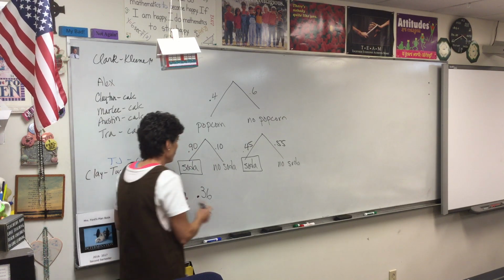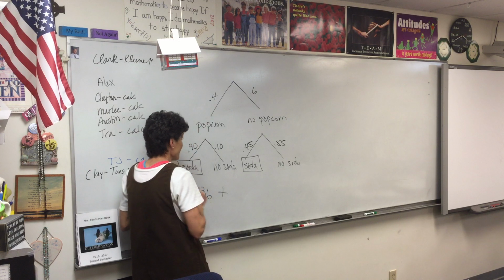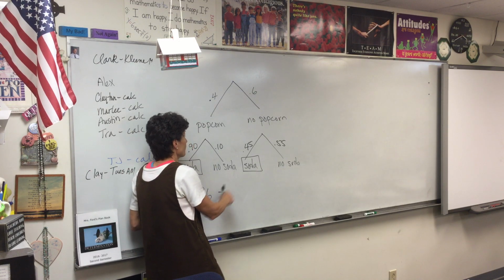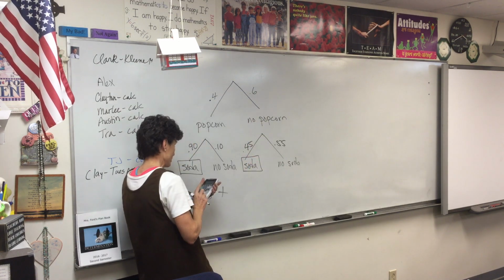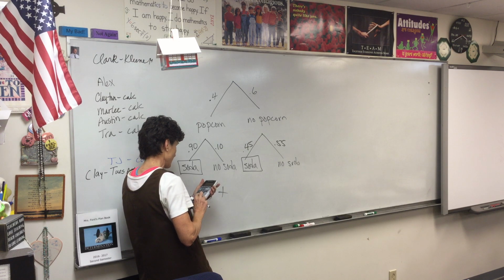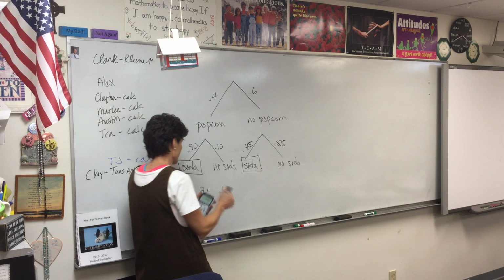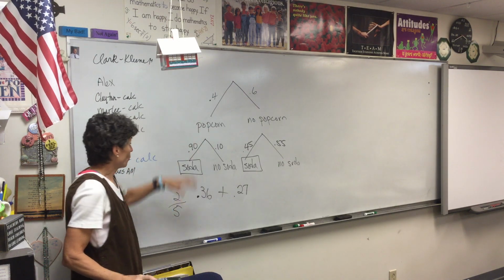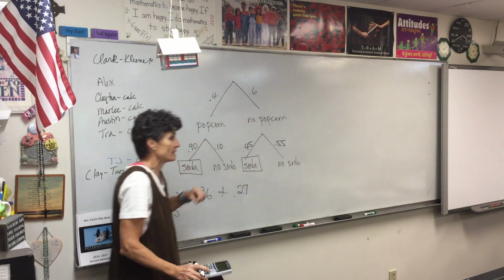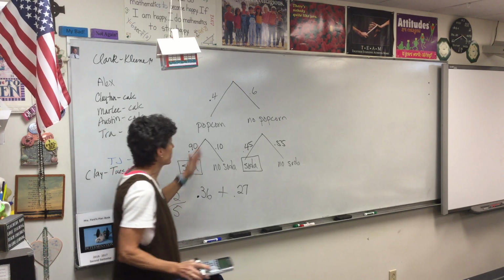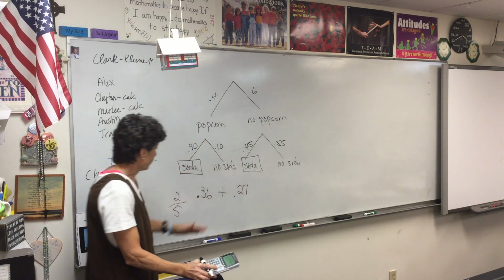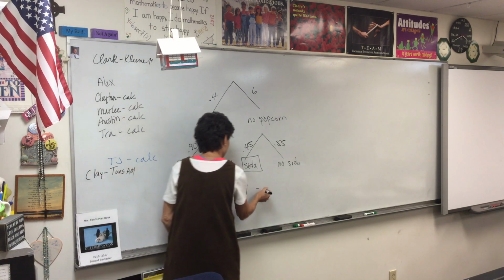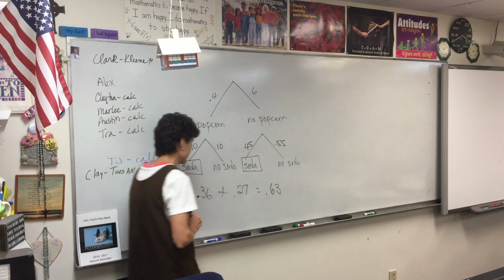But also, we could have an additional probability, which is 0.6 times 0.45, 0.27. So what is the total probability of soda? You could get it this way, or you could get it this way. What's the total probability? 0.63?